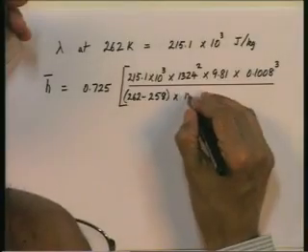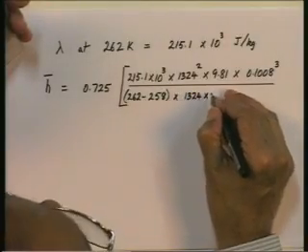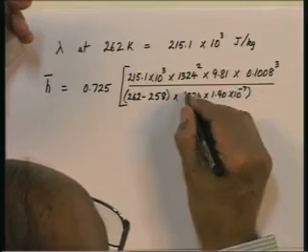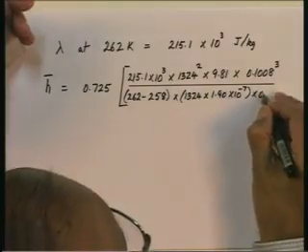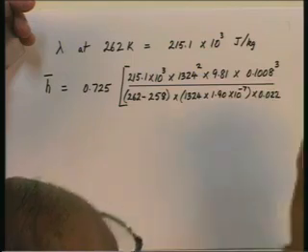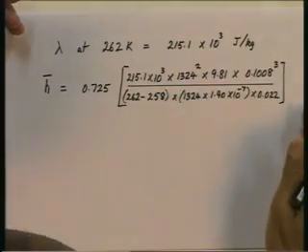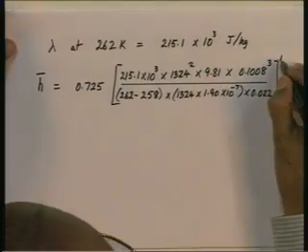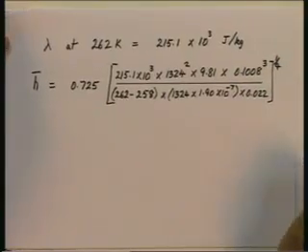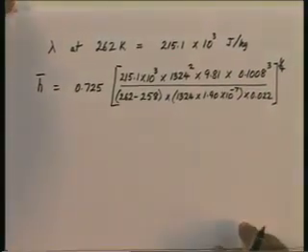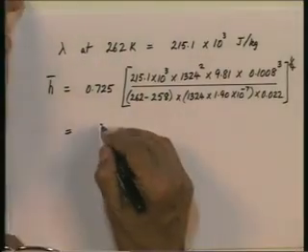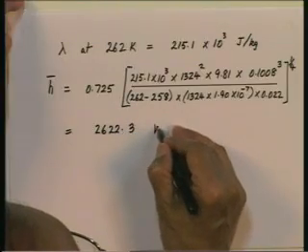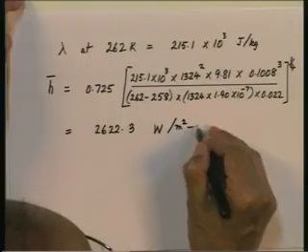Mu is nu rho, so it will be rho multiplied by the kinematic viscosity 1.90 into 10 to the minus 7, and finally, D, which in meters will be 0.022, the whole thing to the power of 1 by 4. And if you work this out, you will get 2622.3 watts per meter squared Kelvin.